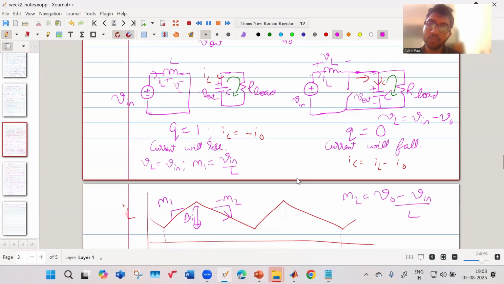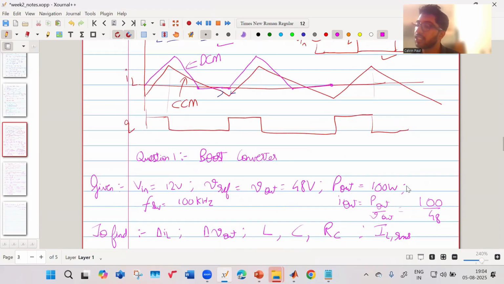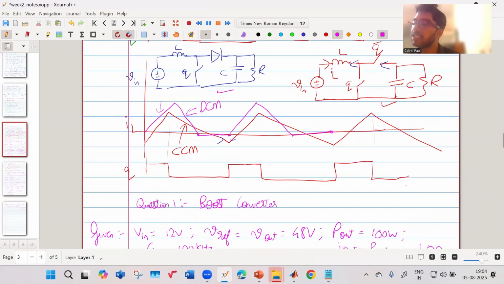So what happens in this boost converter when your load resistance R load increases? Your I naught will reduce. When your I naught reduces, your IL average also will reduce. And there could come a situation where it could operate in DCM mode of operation.